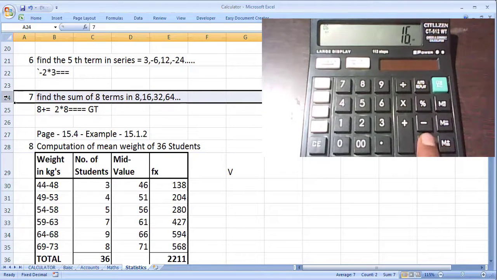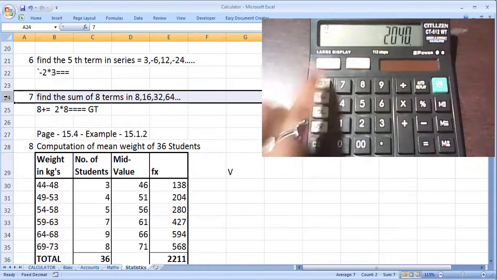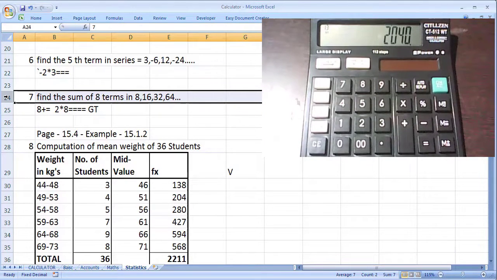Okay. Third term, fourth term, fifth, sixth, seventh, eighth. We have stopped at the eighth term because we require only the summation of 8 terms. Now press the grand total GT button: 2040. So 2040 will be the answer for this sum of 8 terms.